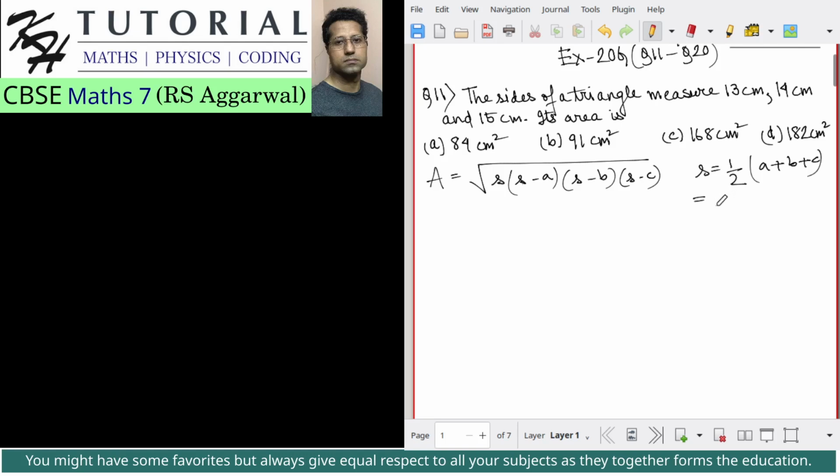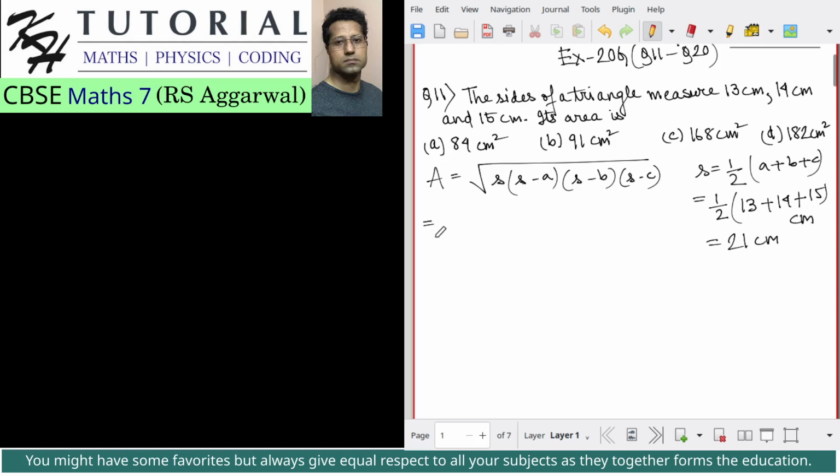So for this triangle, the semi-perimeter will be half of 13 plus 14 plus 15 centimeter, which is equal to half of 42. So this is 21 centimeter.